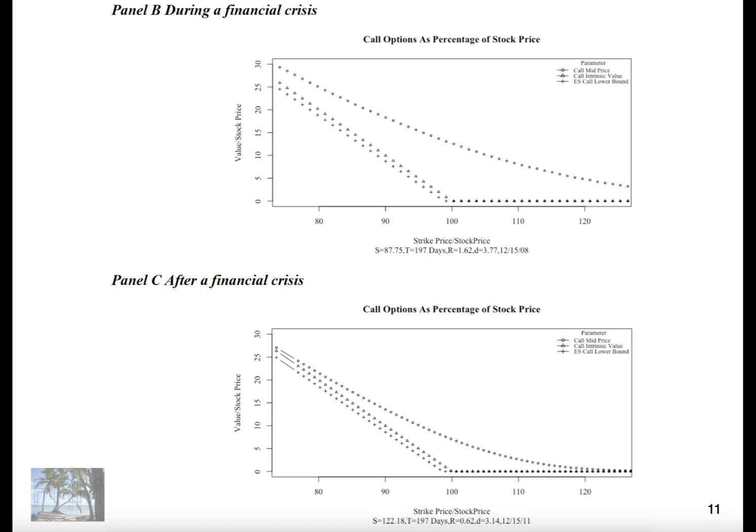This is 62 basis points down here, and the dividend yield was 3.14. The underlying index had gone back up. But again, the European style call lower bound is above the intrinsic value, and what we observe is the actual mid price is asymptotically moving to the highest lower bound.